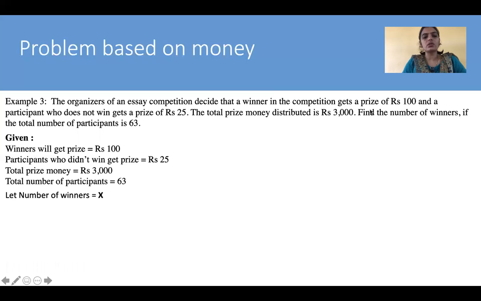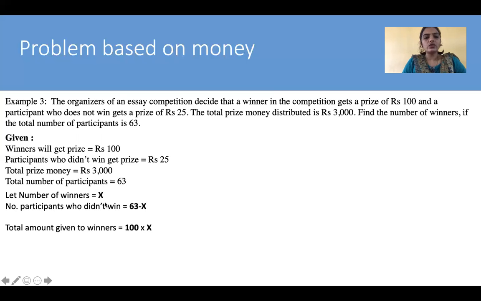So let's suppose the number of winners is equal to x. As the total number of participants is 63 and the number of winners is x, the number of participants who did not win is total participants minus winners, that is 63 minus x.